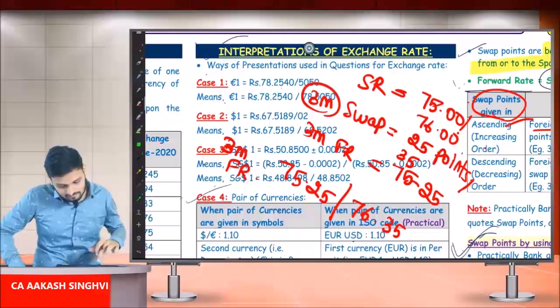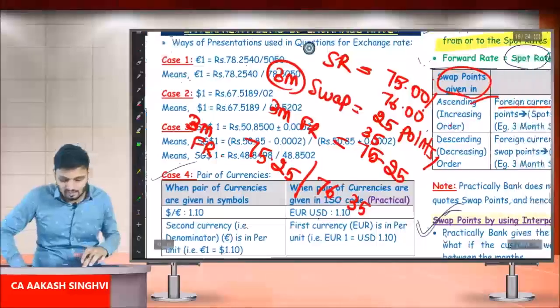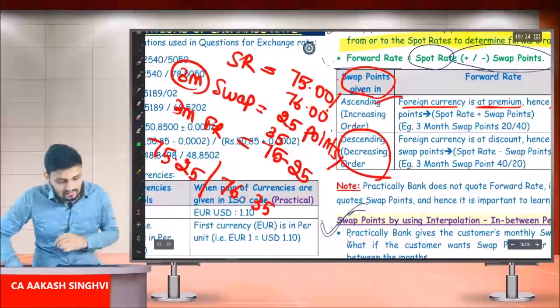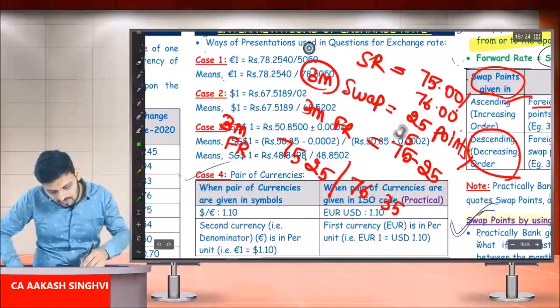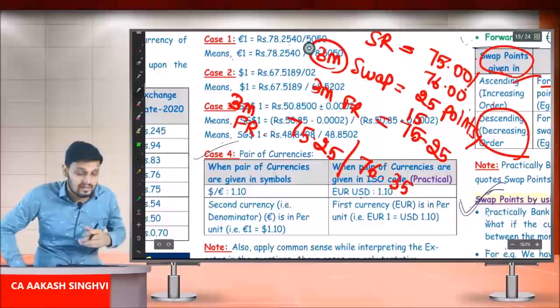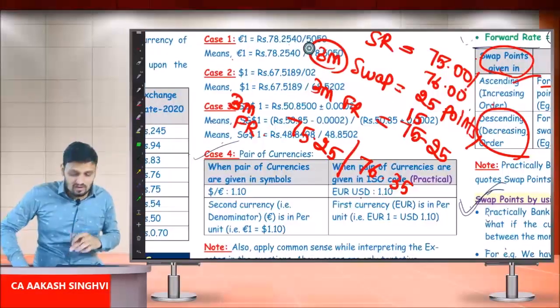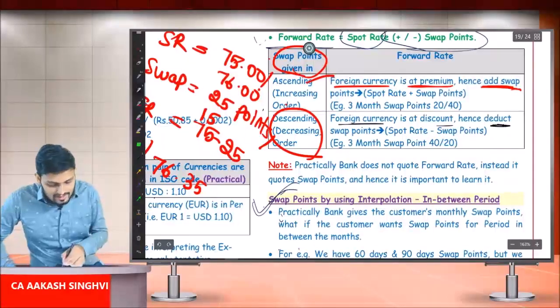Sir, what if they have given you swap points in descending order? For example, let me take 25/15. If descending order is given, foreign currency is at discount, hence deduct swap points.